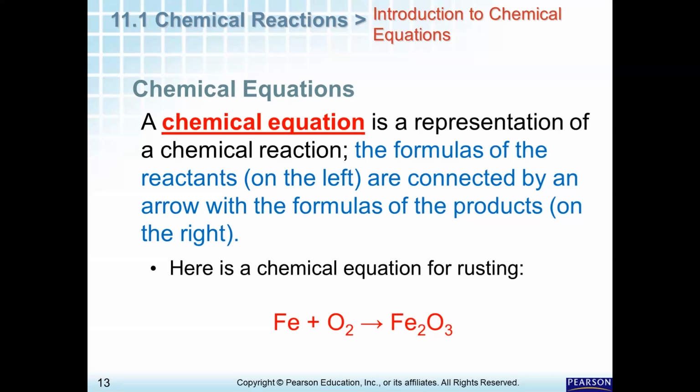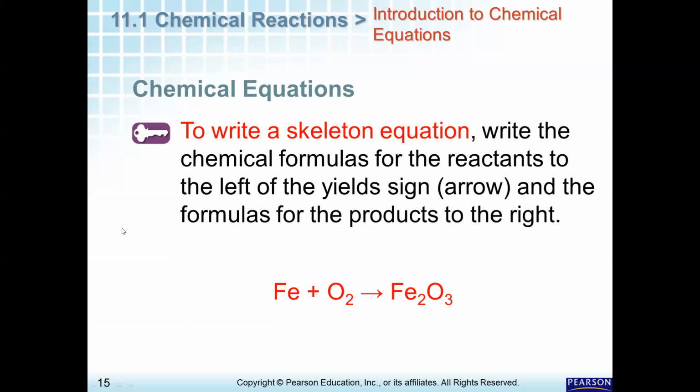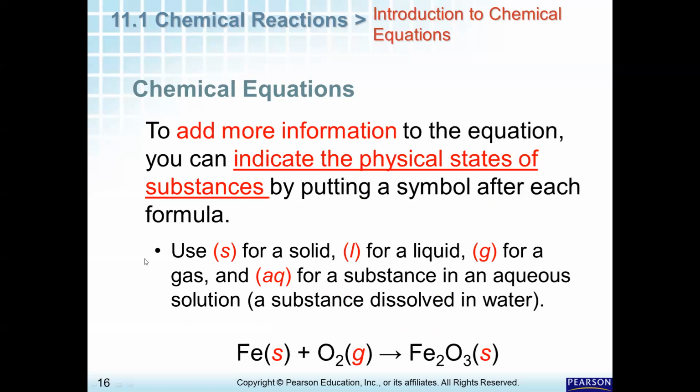But a skeleton equation has more information than what you see. In addition to this, to write a skeleton equation, you have to specify the states of matter. Iron, is it a solid or a gas or a liquid? You have to specify that by using S, L, and AQ for aqueous, which means that it is soluble in water.